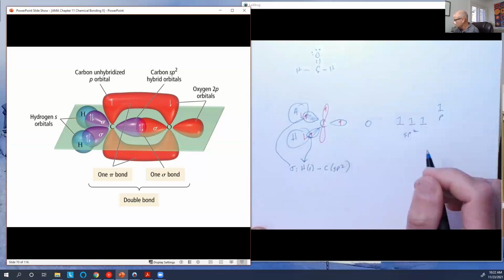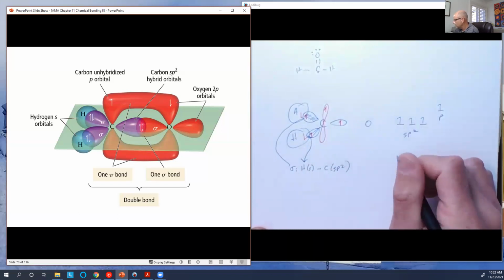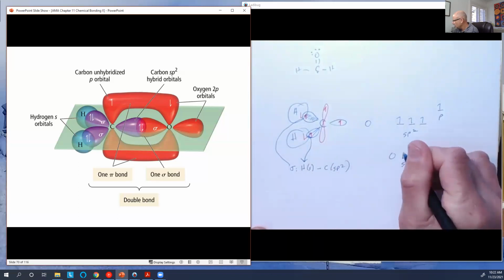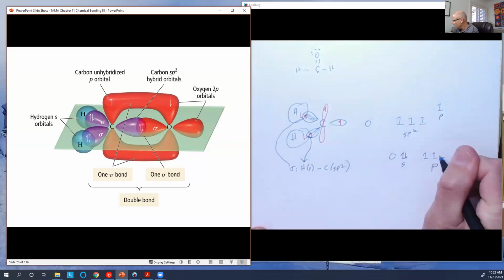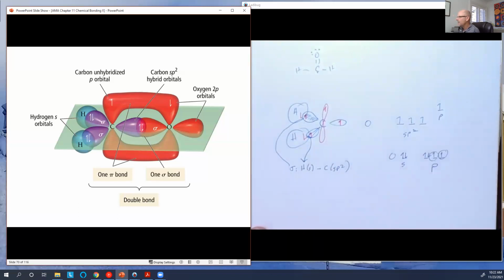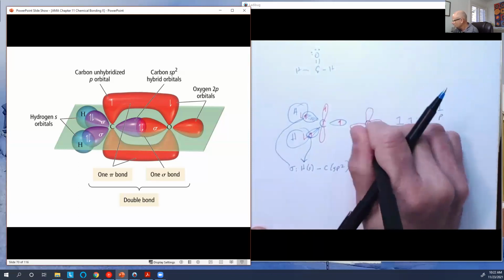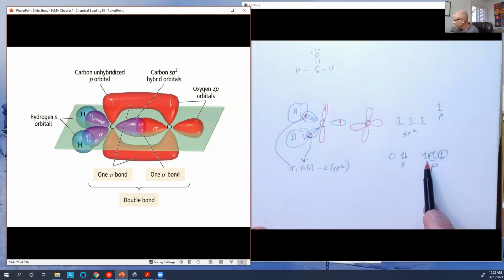So oxygen, remember the electron configuration for oxygen, 2s2 2p4, 6 valence electrons. So 1, 2, 3, 4, 5, 6. Oxygen has 2 half-filled p orbitals, which are available for bonding. I'm going to draw one like this and one like this. The s and the other p orbital are full.